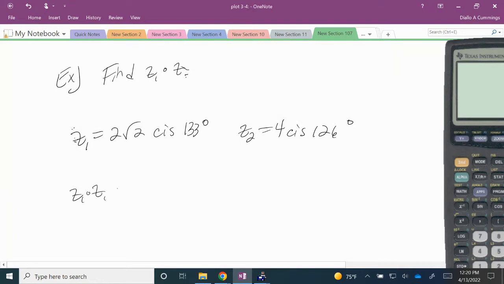So z sub 1 times z sub 2 is equal to r sub 1 times r sub 2.